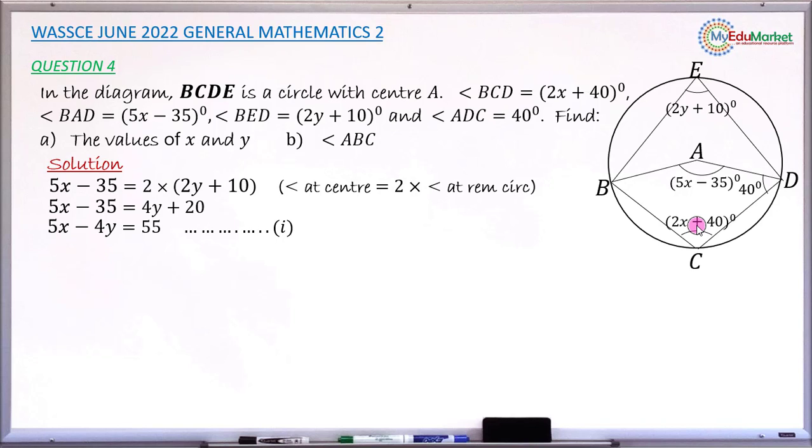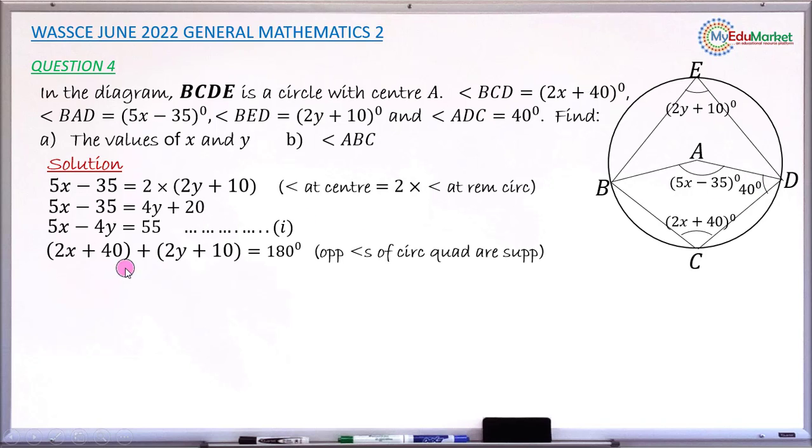Opposite angles of a cyclic quadrilateral are supplementary. So that will enable you to get another equation. So I now write 2x plus 40, that is the size of this angle, add to the size of this angle 2y plus 10, and the result will be 180 degrees, and this is the reason: opposite angles of a cyclic quadrilateral.